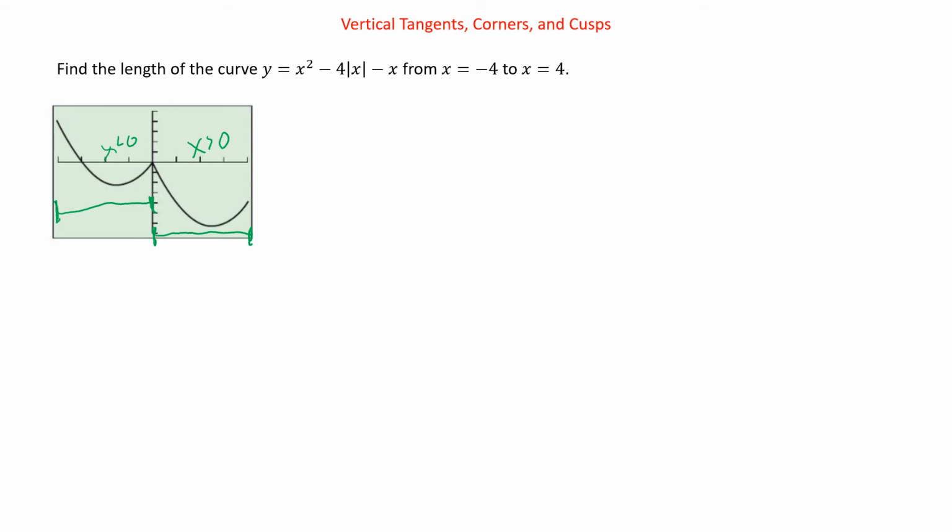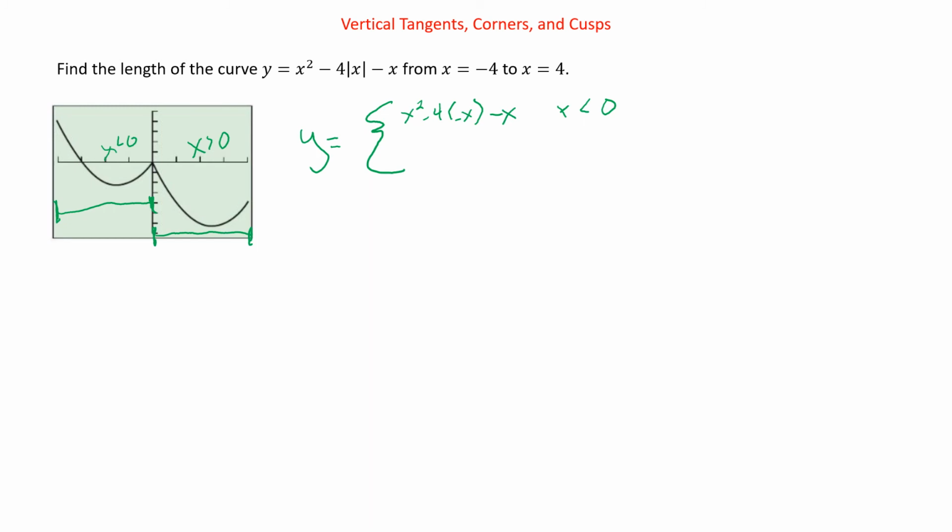When x is less than 0, the absolute value of x is going to be negative x, because the negative x will be that positive number. So we will have x squared minus 4 times negative x minus x for x is less than 0.